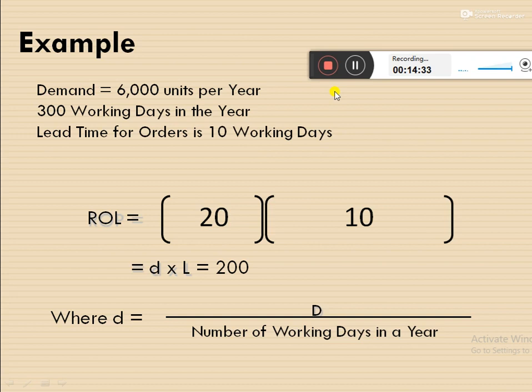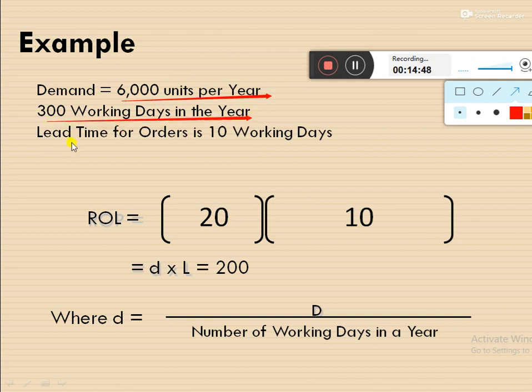Let's have an example of it. Suppose the total demand is equal to 6000 units per year, and there are 300 working days in that particular year. Lead time to get a fresh delivery is equal to 10 working days.